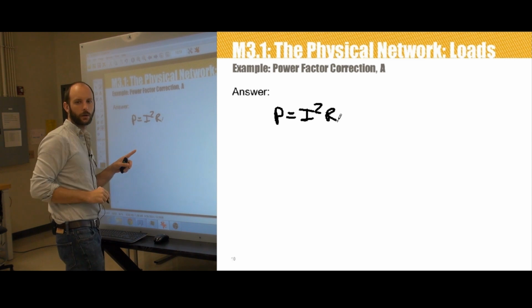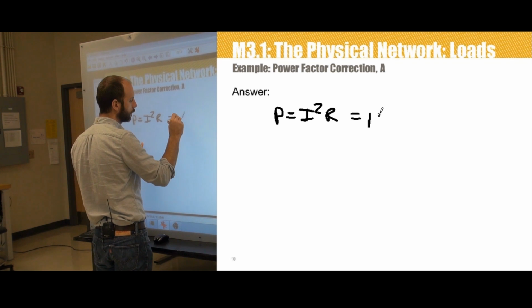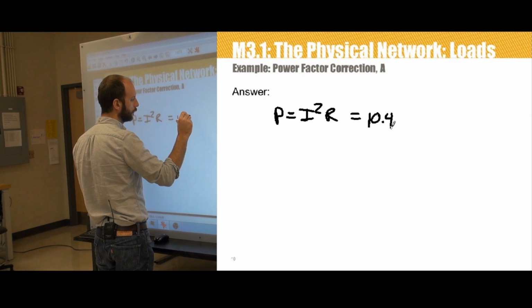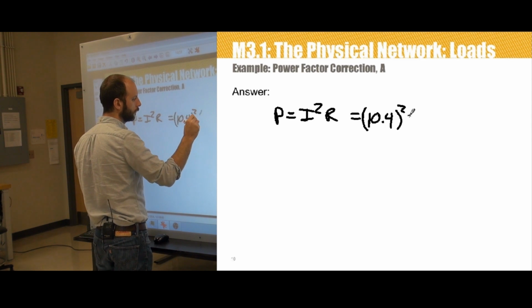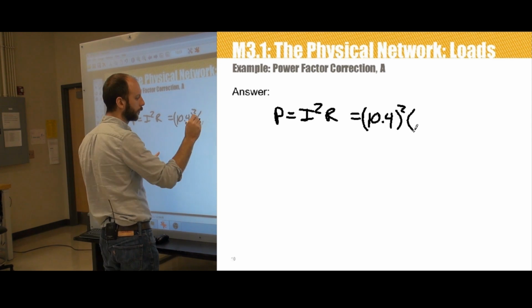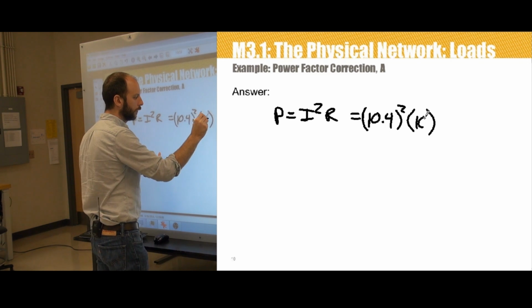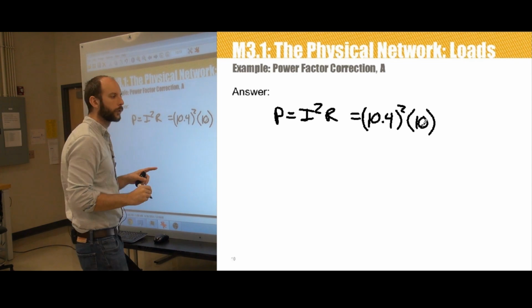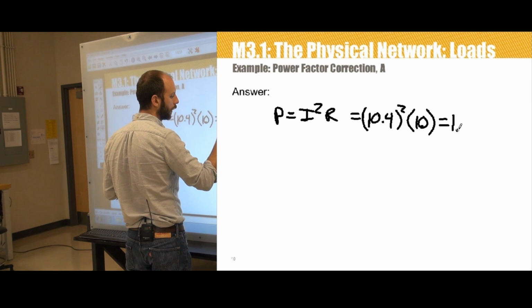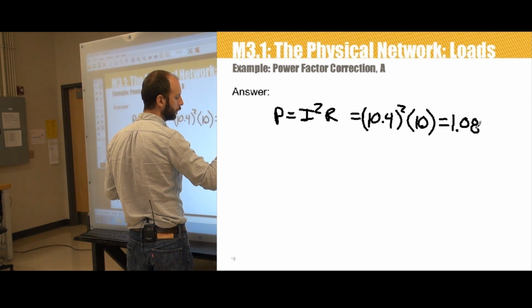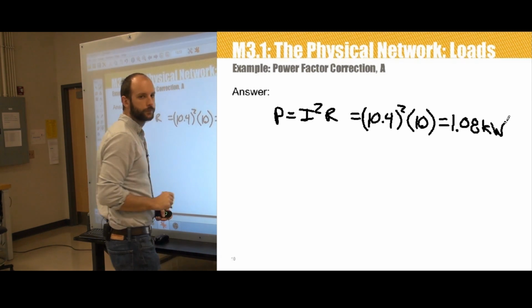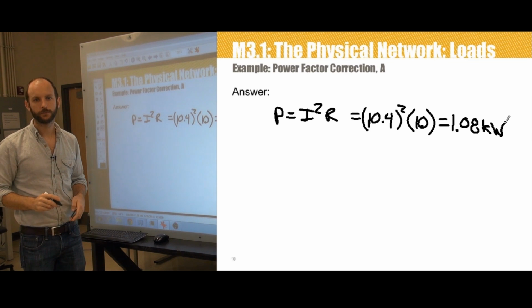Remember, that's just real power consumption, so it's 10.4 amps squared times the resistance, which is 10 ohms. So we get 1.08 kilowatts of line loss due to that joule heating.